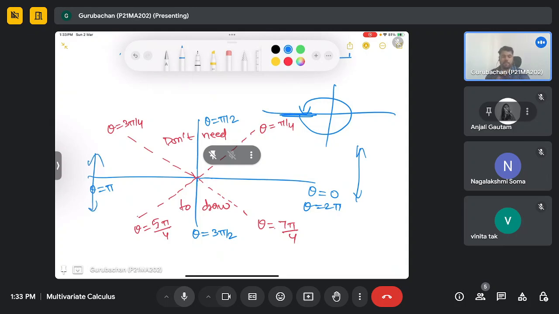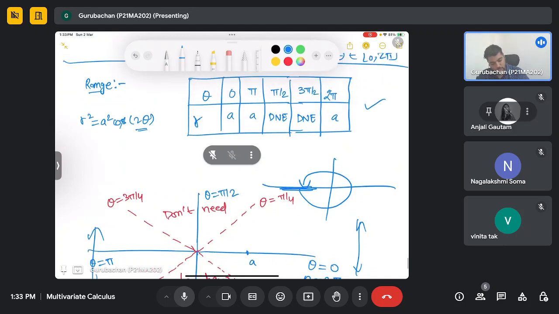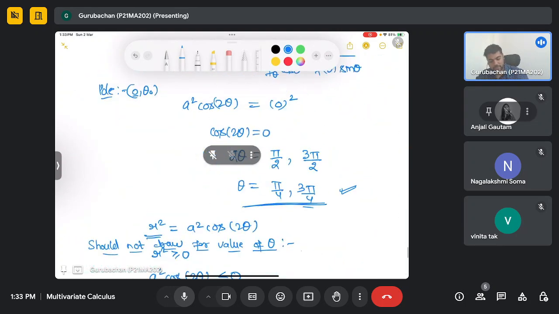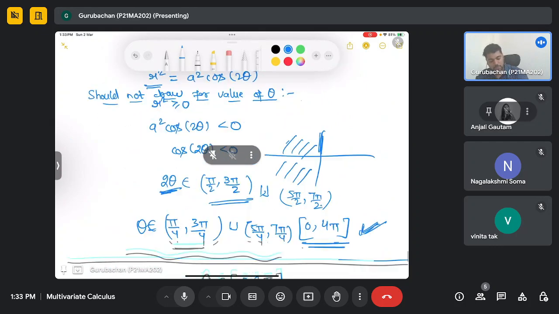And we know that it is symmetric about 0. So first of all, we will draw from here. At 0, it will give us value a, and when we talk about theta equal to pi by 4, it goes to 0. Why? Because the pole lies on theta equal to pi by 4 and 3 pi by 4.